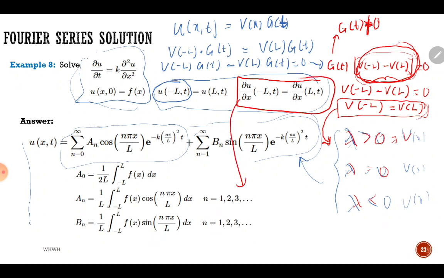It's just that the difference here is the derivative, so this is d dx of negative L times GT equals to d dx of L times GT. Then you may proceed and you are able to get something like this as well.